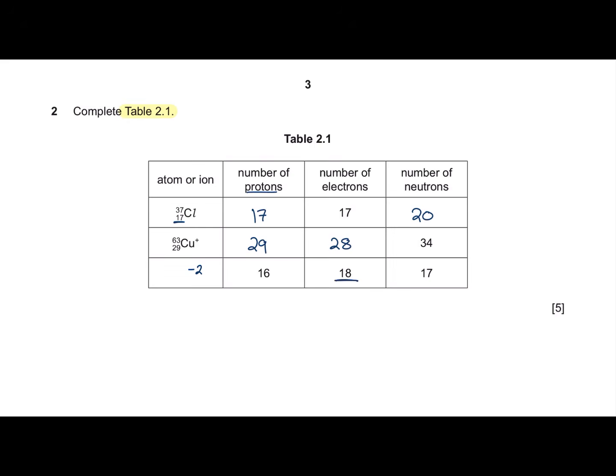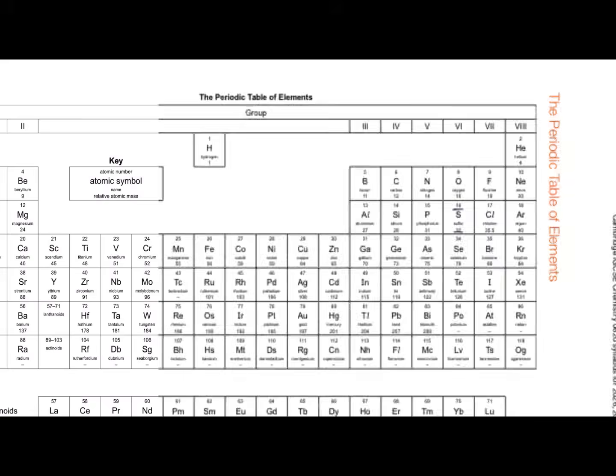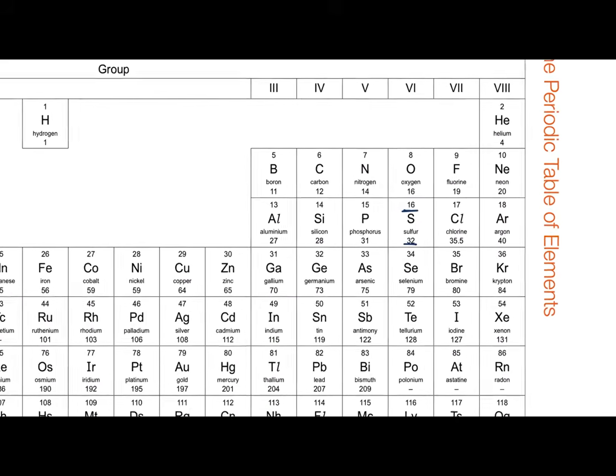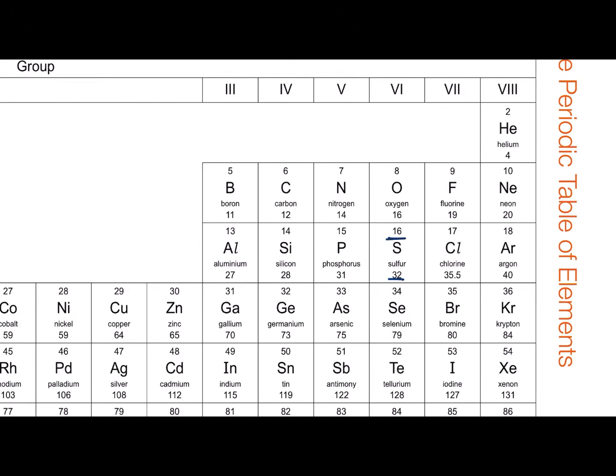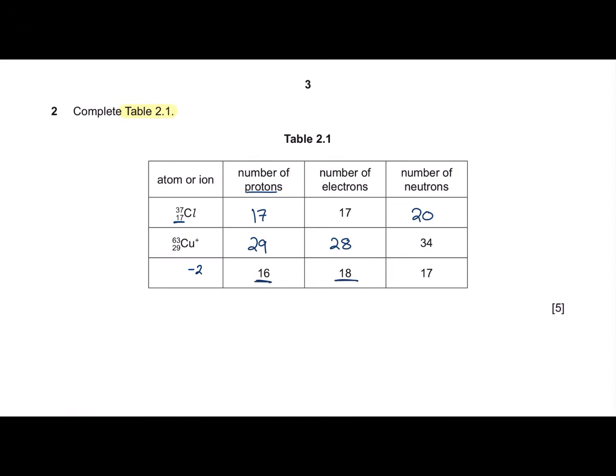And the number of protons is 16. The atomic number is 16. Let's visit the periodic table and look at 16. 16 is of sulfur. So the proton number is 16 and the element is sulfur.